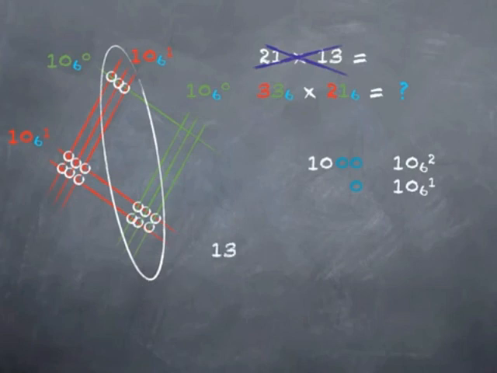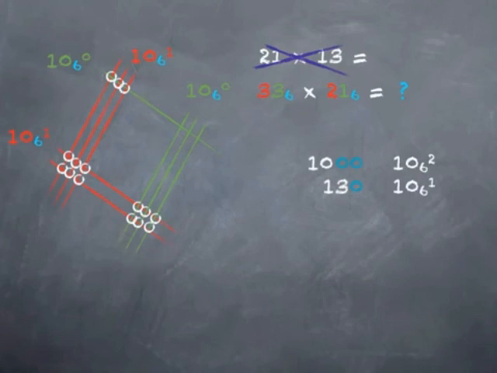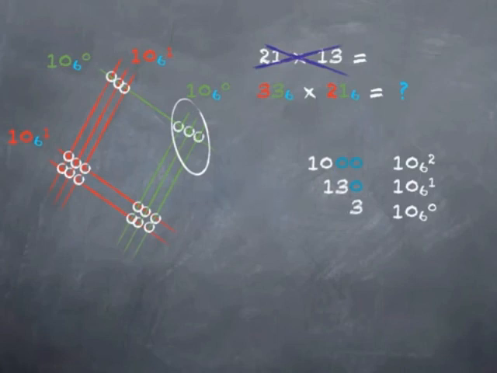So I have 1 3 groups of, let's say, 10s. My 1s I treat just like my 1s, and I have 3 of those. And when I add those up, you can see that I get 1133 in base 6, which is true.